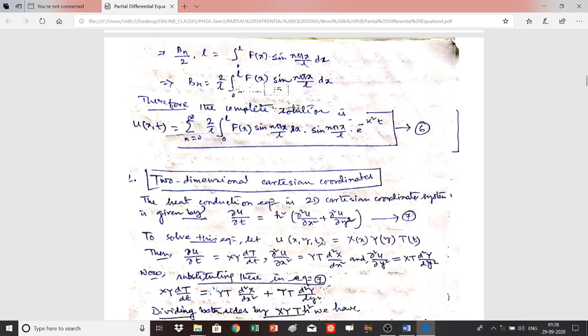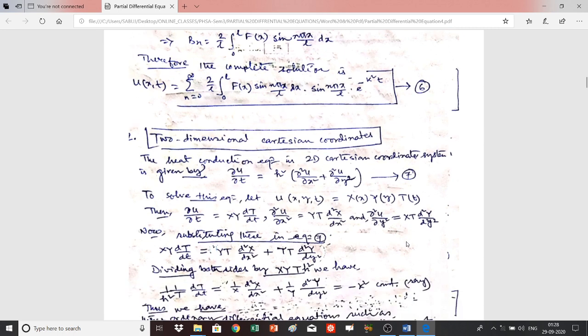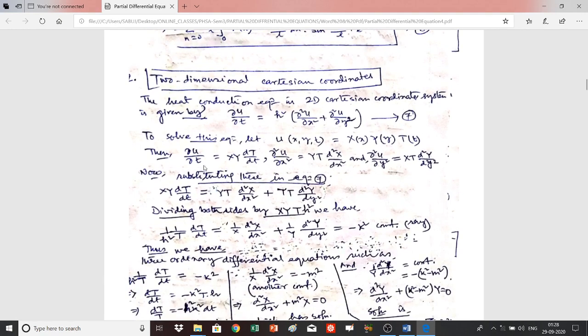Let u(x,y,t) be equal to X(x) function of x, Y(y) function of y, and T(t) function of t. Now just find out the value of del u by del t, del 2u by del x square, and del 2u by del y square. Now substitute these values in this equation, equation number 7.